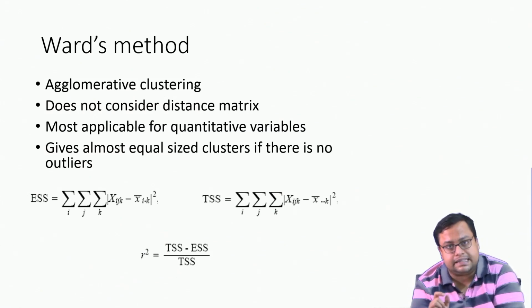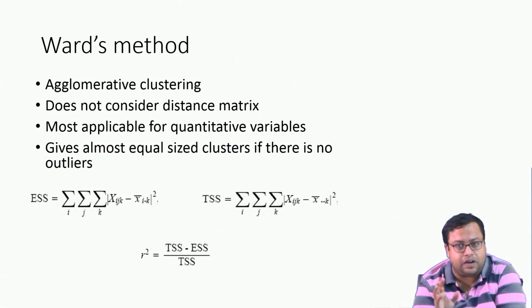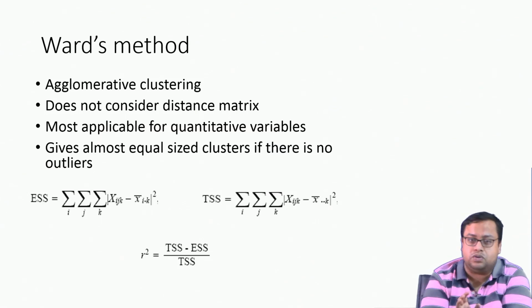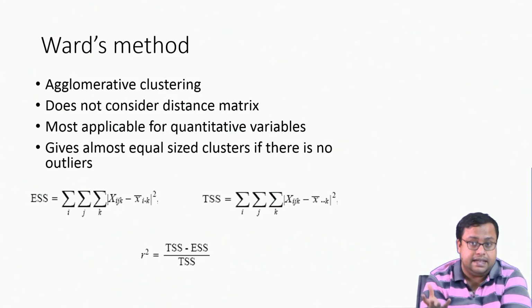So, that is TSS, and R squared tries to find out whom I will put in which segment such that R squared is maximized, that means (TSS minus ESS) by TSS is maximized. TSS minus ESS is the part of the variance that has been explained. TSS is the error left when there was no model.